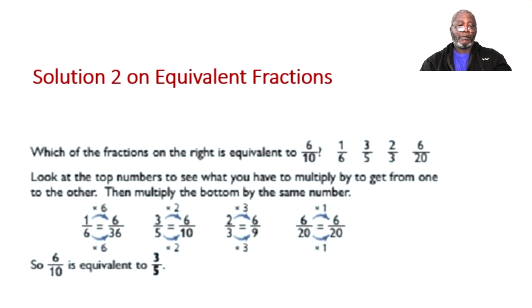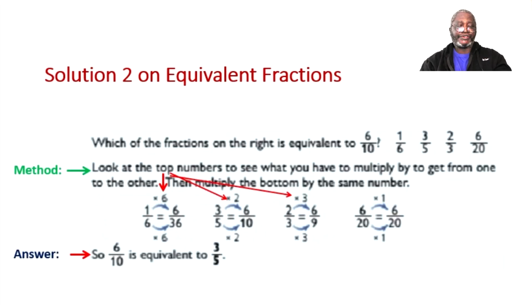Multiply 3 by 2, you'll have 6. Multiply 5 by 2, you'll have 10. So, are they equivalent? Of course, 6/10 is equivalent to 3/5. The others are wrong. Try them and see.